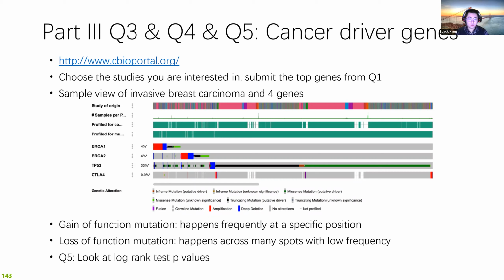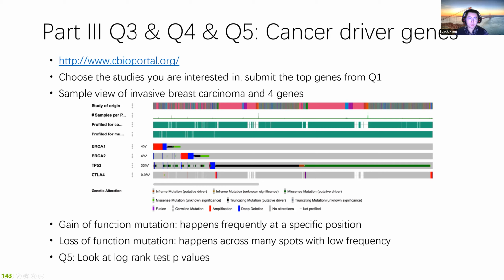And then you should choose the studies you are interested in, and you should also submit the top genes you get from question 1. Then you look at the positions of mutations and determine whether a gene is likely to be a driver gene.